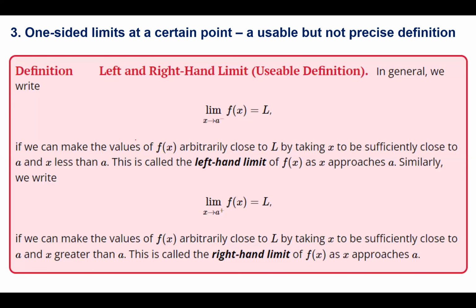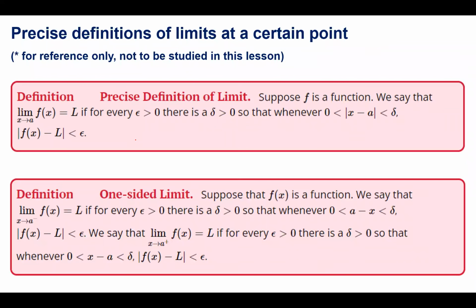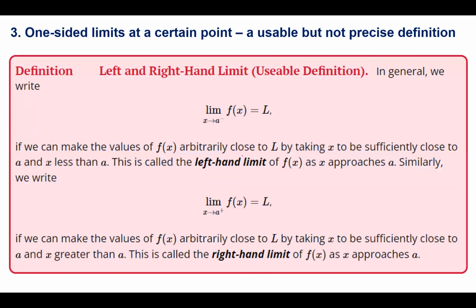Again, this is just an intuitive definition. We won't talk about the more rigorous mathematical definition here, okay? This is not covered in this course, so probably you'll learn that in university study. Actually, this is a precise definition of limits at a certain point. Usually we'll use mathematical language to describe sufficiently close. So how close is called sufficiently close?